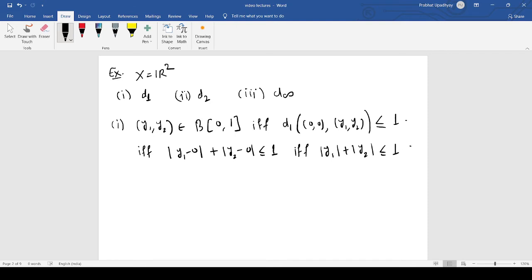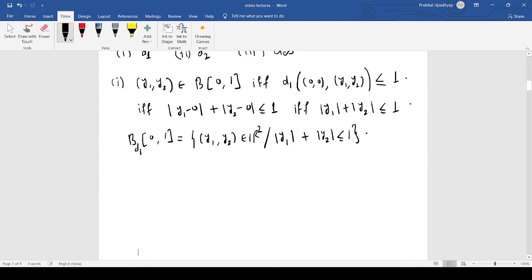Therefore, the closed unit ball with respect to metric D1 in R2 is the collection of all the points (y1, y2) in R2 such that mod of y1 plus mod of y2 is less than or equal to 1. Now what does it represent geometrically?